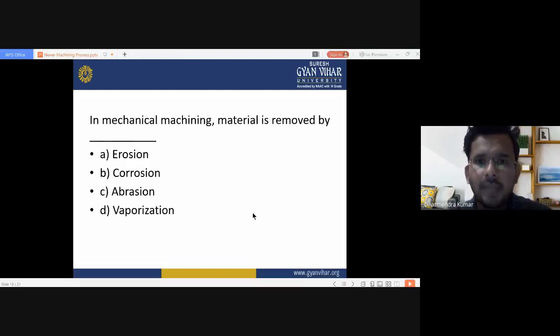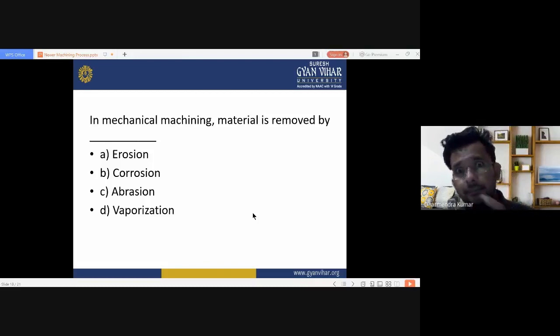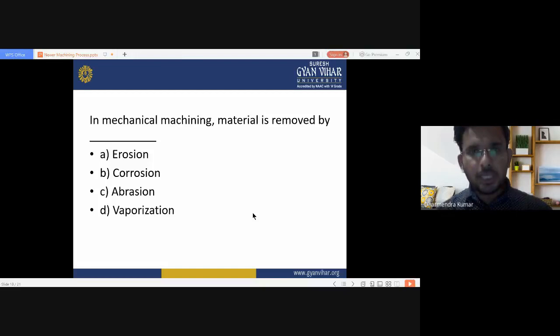Another one: in mechanical machining, material is removed by. Mechanical machining means that subgroup of non-traditional machining which uses only mechanical energy, like ultrasonic machining, abrasive jet machining, water jet machining, and conventional machining. These four types of machining use mechanical energy.